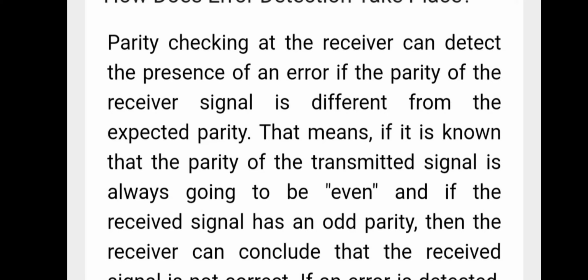Say my data consists of an even number of ones. Whenever the receiver receives the data, it checks the number of ones. If the number of ones is even, then the receiver feels that the message received is the sender's original.